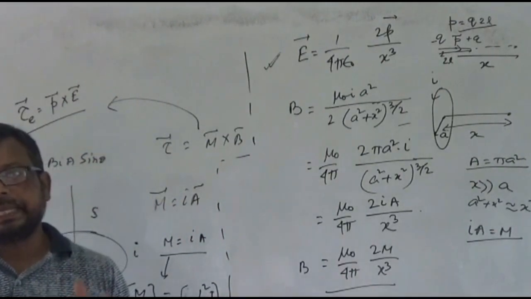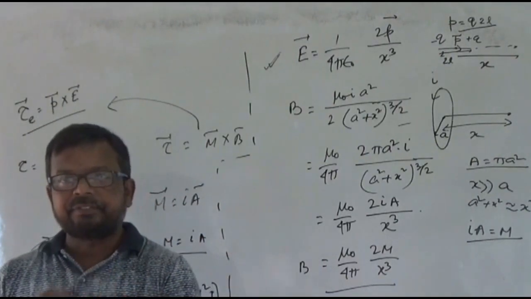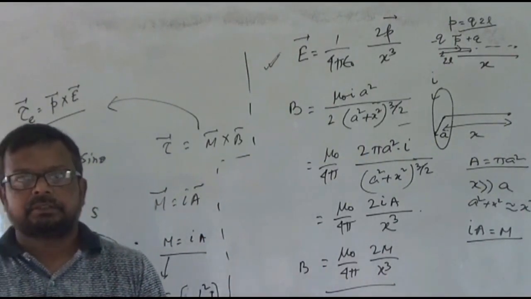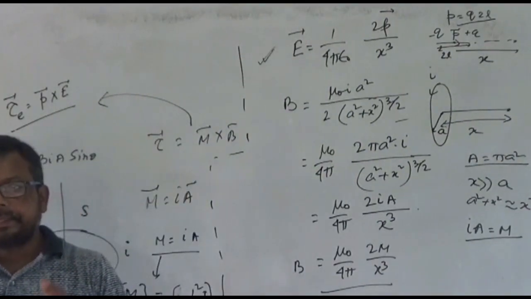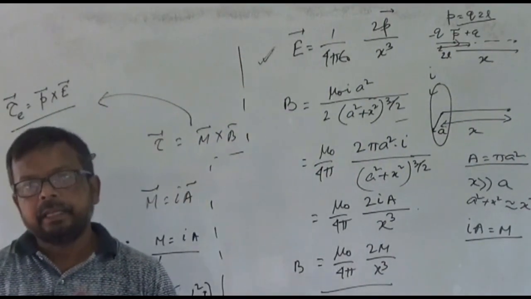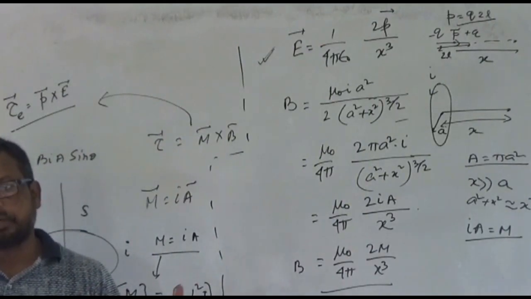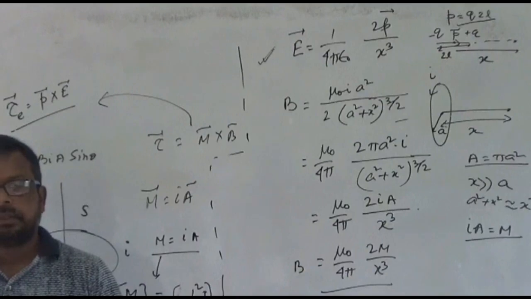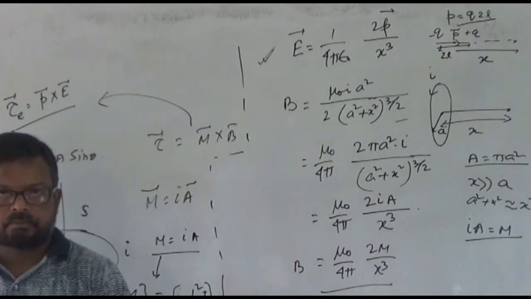Now we have shown that a current loop produces a magnetic field and behaves like a magnetic dipole. A current loop in a magnetic field experiences a torque. Already we have discussed that, and the expression of torque we have deduced.